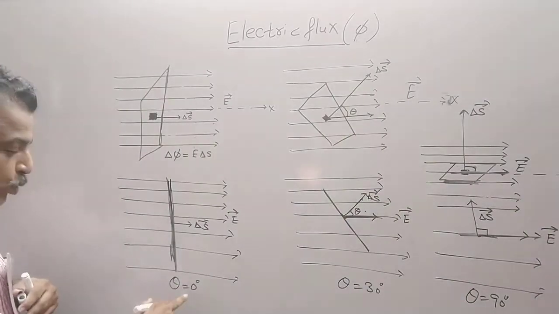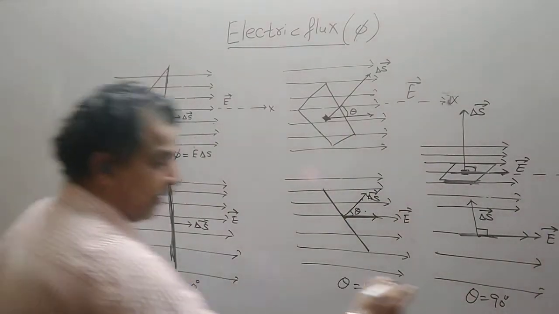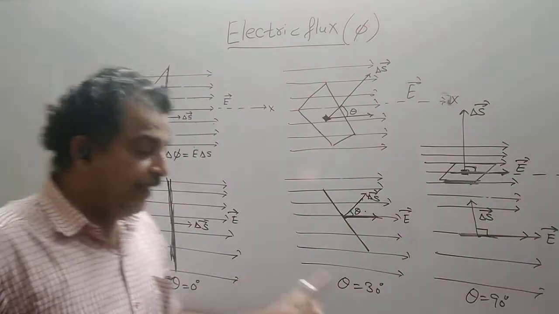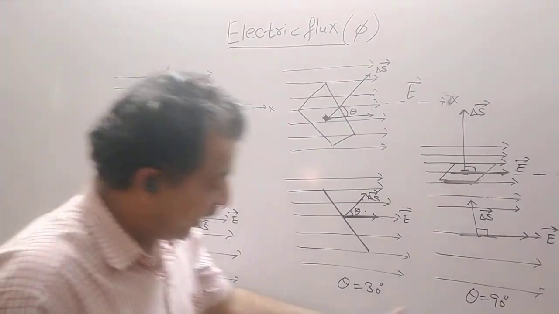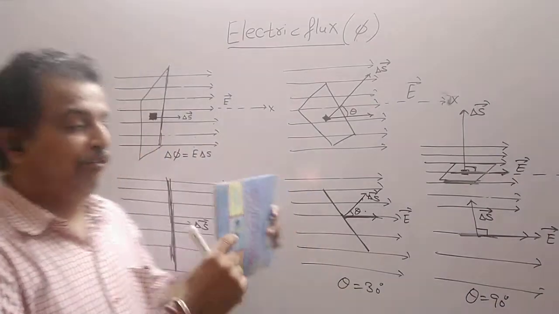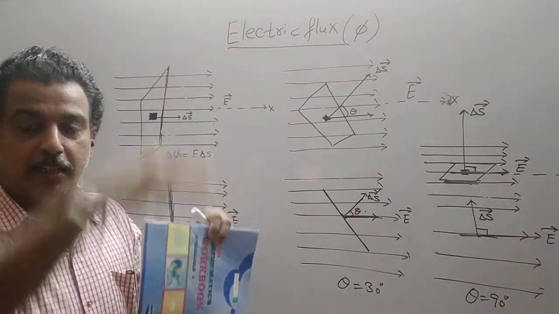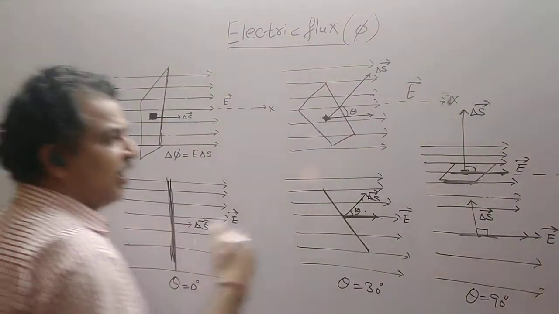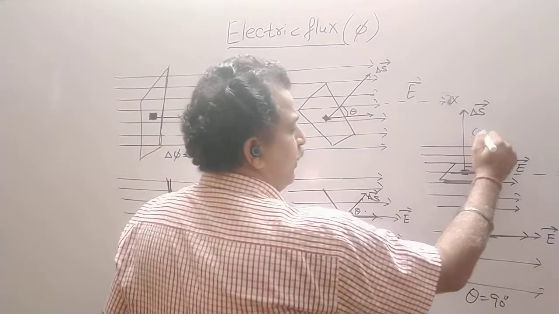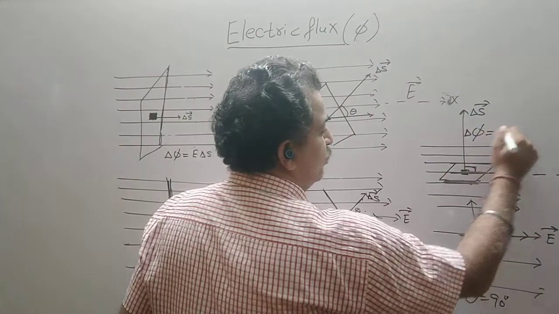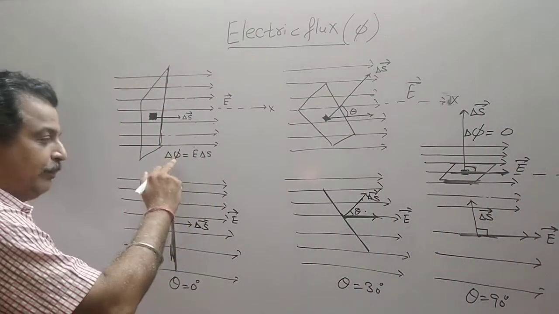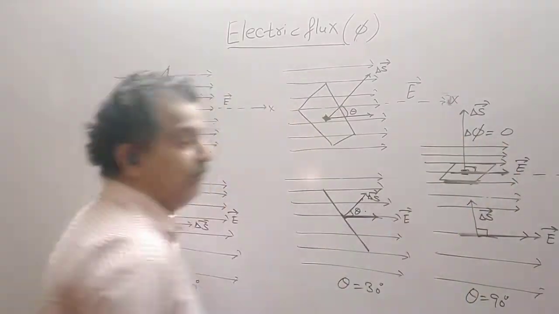So I change the orientation from 0 degree to 90 degree, and what I observe is that as theta increases, the number of field lines passing through this area keeps on decreasing. So our general formula for this flux, delta phi, should be for a small element. This is the maximum flux, this is the minimum flux.